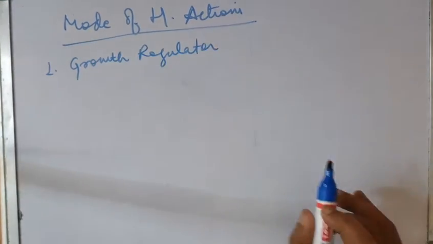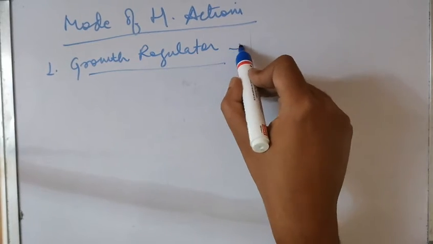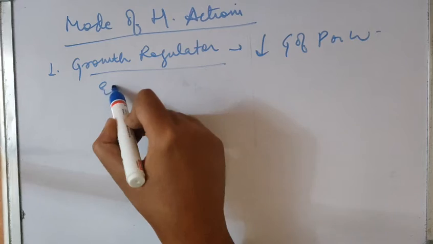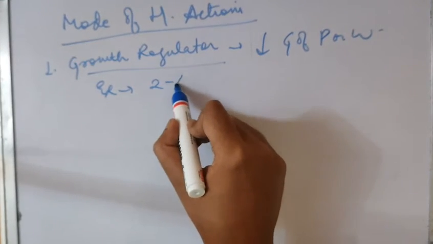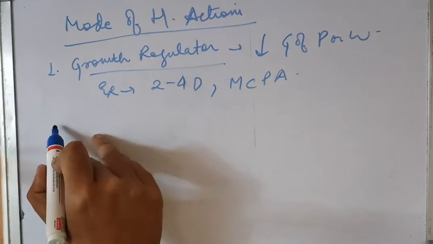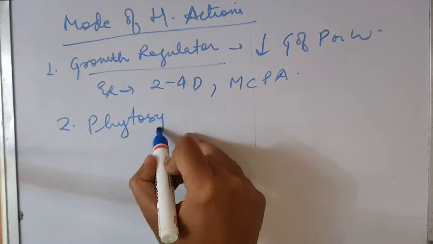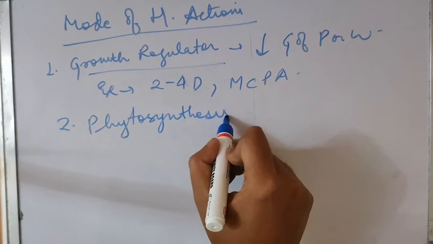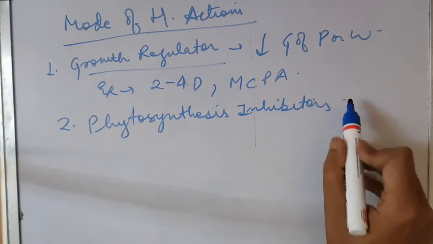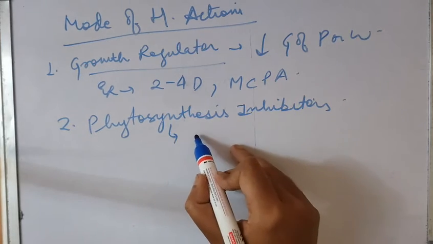They regulate the growth of weeds and retard the growth of plants or weeds. For example, we can give here 2,4-D or MCPA. These are growth regulators. We have got photosynthesis inhibitors. What do they do? They block the light reaction of photosynthesis.